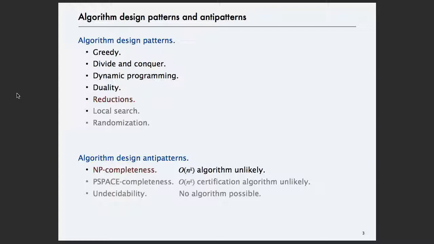And this should be part of your toolbox. The other thing is this NP completeness and all that it entails. We talked about duality, right? Which is basically, they are the same algorithm. There are two different ways of viewing the same algorithm. And the big example that we saw was max flow and min cut.